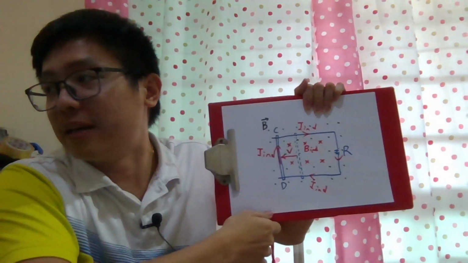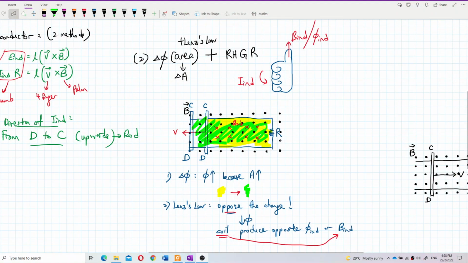Okay, going back to my slide. Look at this one. I found out my induced current after I used my right hand grip rule. I found out my induced current is clockwise.